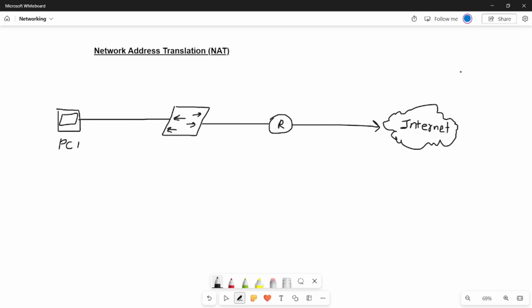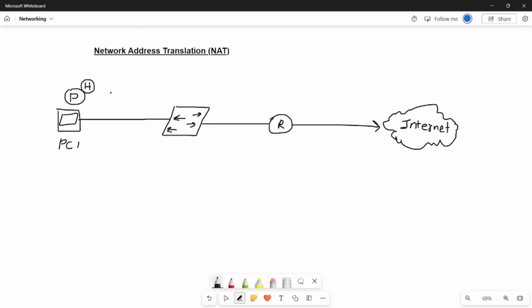So let's say we have a PC1. PC1 releases a data packet, and it contains a header. The header of this data packet contains the destination IP address, destination MAC address, source IP address, source MAC address.